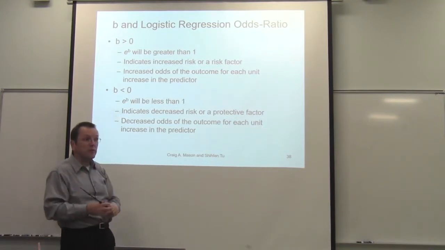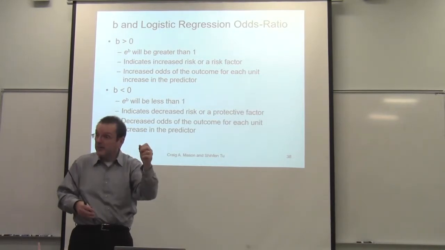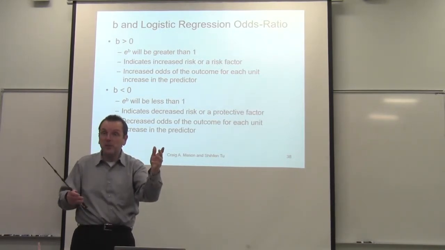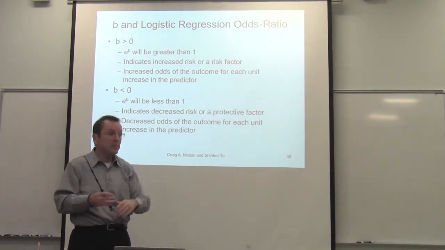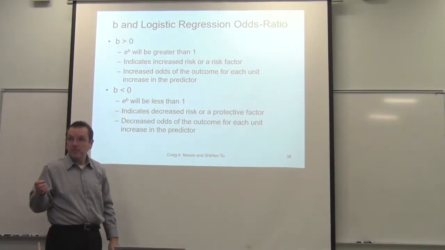If the regression coefficient is less than 0, a negative effect, when we think of it as a slope, e to the b is going to be less than 1.